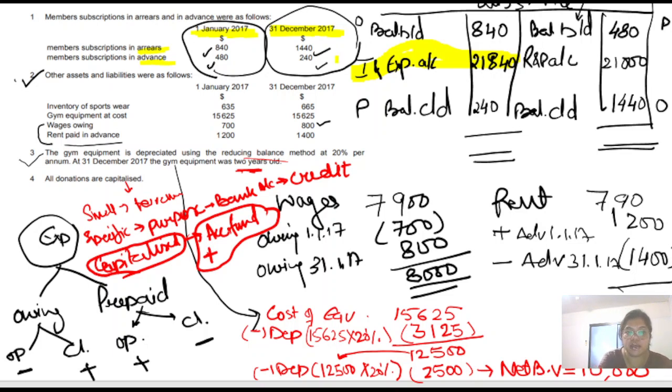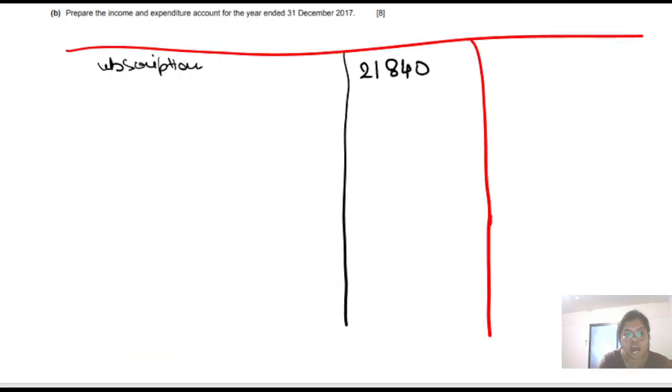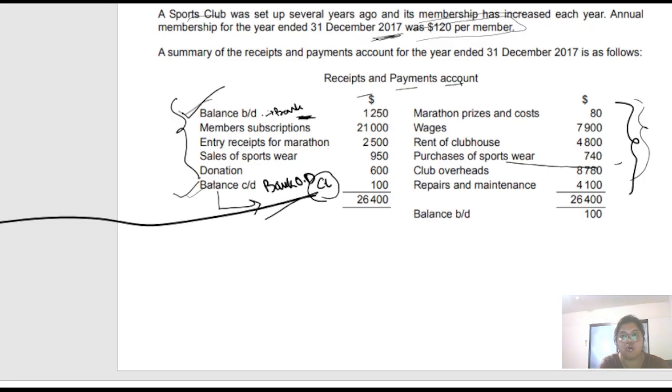So in your income and expenditure account, we have to write 21840 as subscription, okay. What else we have? So we have to open our question in which we are having the income, okay. So income is getting from the entry receipt from marathon.